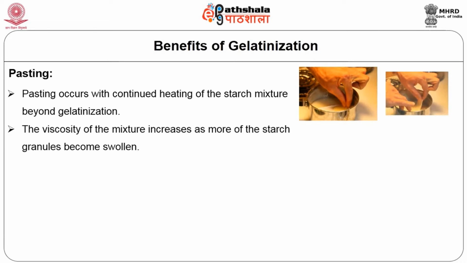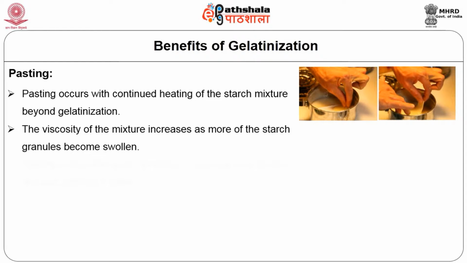The viscosity of the mixture increases as more of the starch granules become swollen. A starch mixture will reach peak viscosity when the number of swollen or intact starch granules is maximized. At this point, the starch mixture is fully pasted.